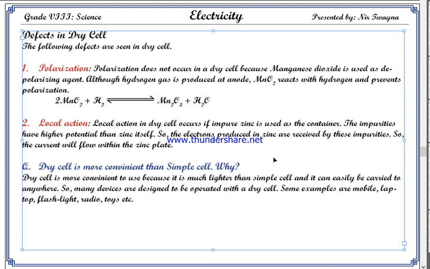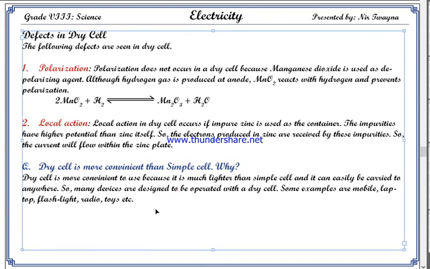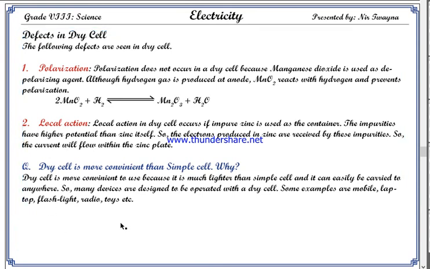It doesn't feel like you are carrying a weight, but if you had to carry a simple cell like that, it would be a burden. So many devices are designed to be operated with a dry cell. Some examples are mobile, laptop, flashlight, radio, toys, etc.